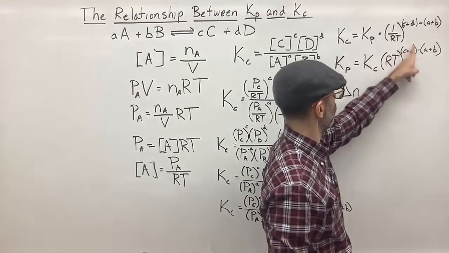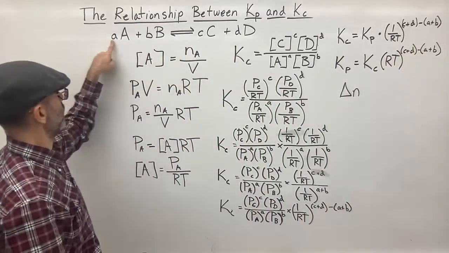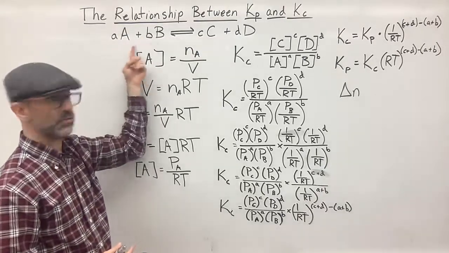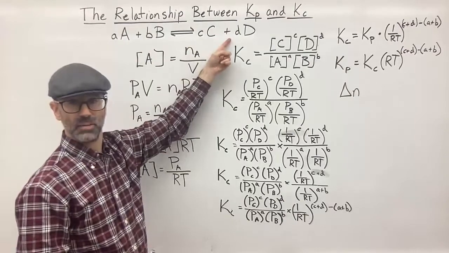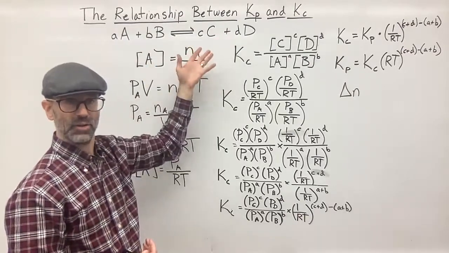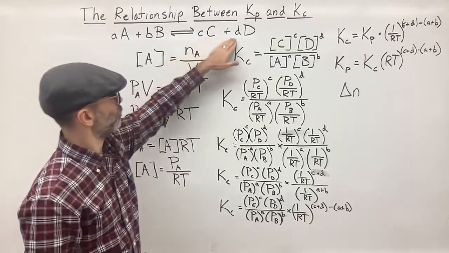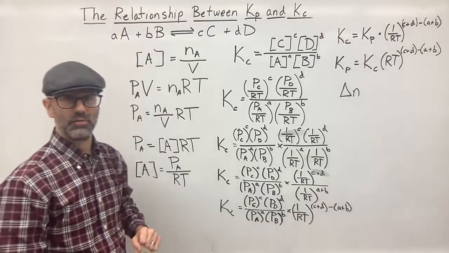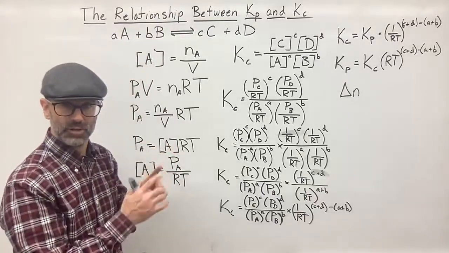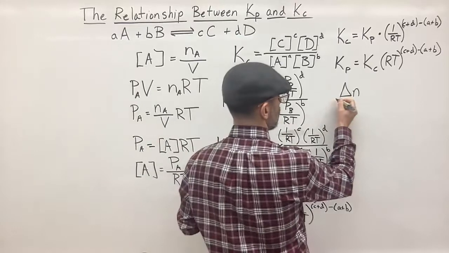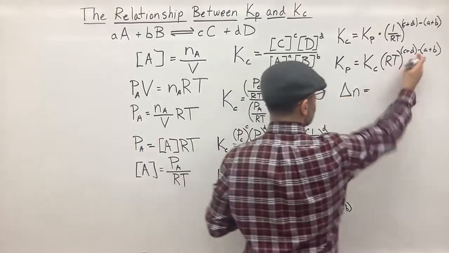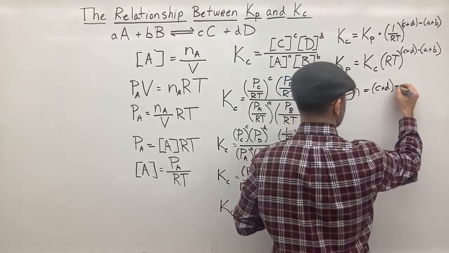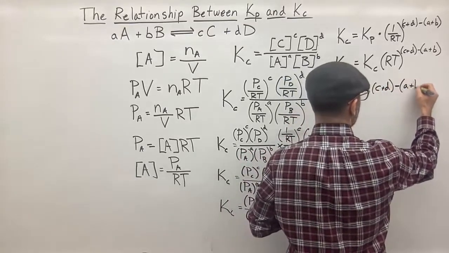So here we have the coefficients. These coefficients represent the moles of your reactants. These coefficients represent the moles of products. And if they're all gases, then the moles of your products minus the moles of your reactants is the difference in the moles on both sides. So we can represent it as delta N, which is equal to C plus D minus A plus B.